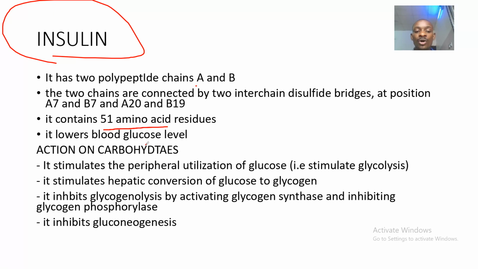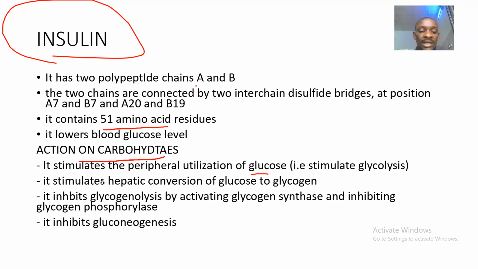It lowers the blood glucose level, using more glucose, so it will lower the glucose level. What is the action of insulin on carbohydrates? It stimulates the peripheral utilization of glucose, that is, it stimulates glycolysis.